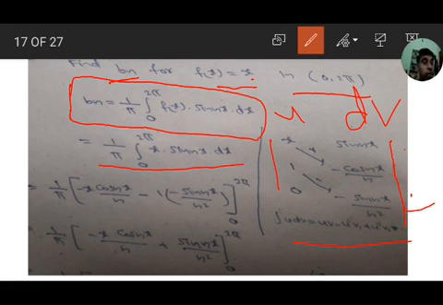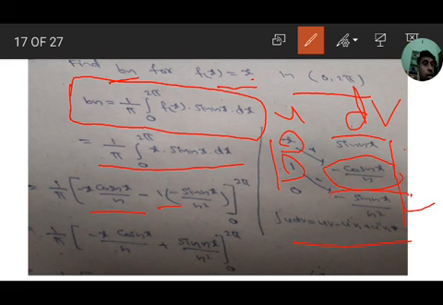So u equal to x and v is minus cos nx by n, minus u dash 1 into v1, minus sin nx by n square, minus minus here plus, so 1 by pi into minus x into cos nx by n plus sin nx by n square, 0 to 2 pi.